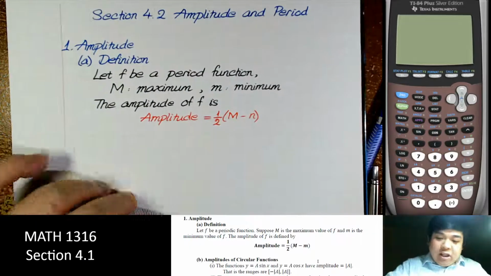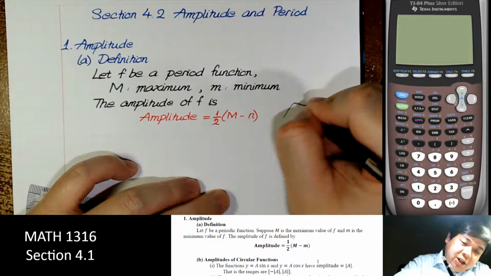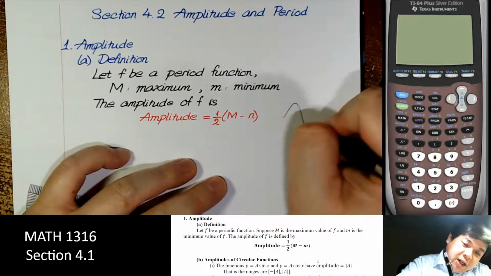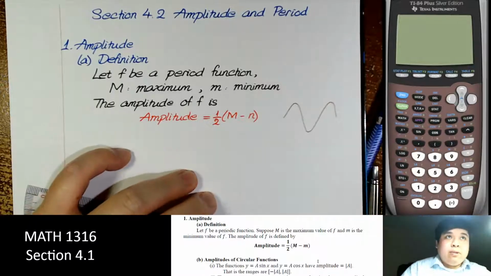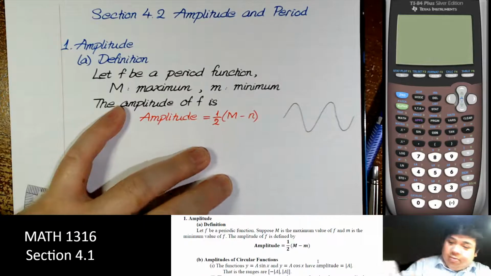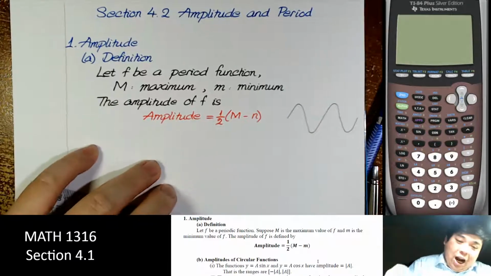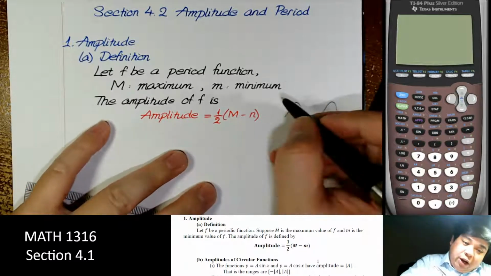I'll try to draw an example here. Let's say we have a function, either sine or cosine. We know that it's going to be a wave like this, except I draw terribly. Sorry. So for either sine or cosine, we have the wave like that.